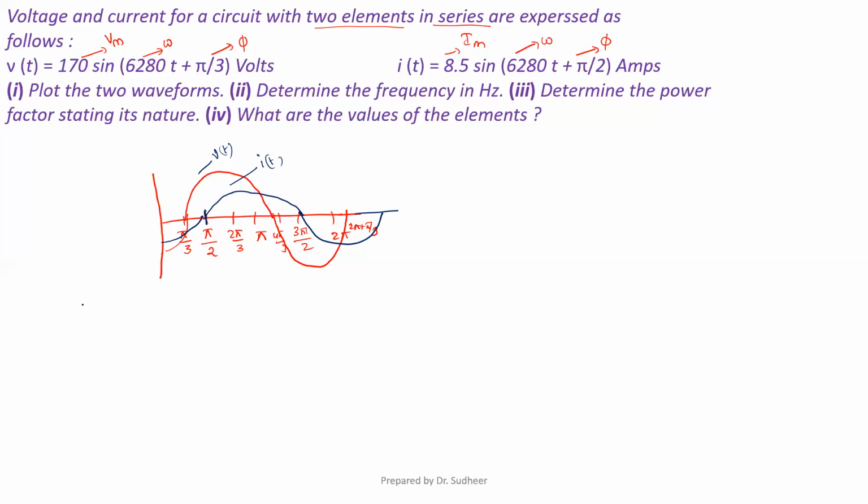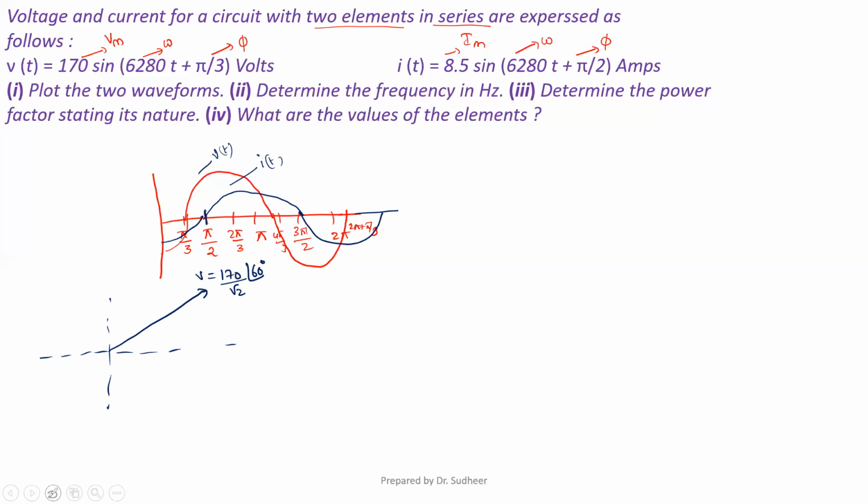He has not actually asked in the problem, but we can draw the phasor diagram of this one. Voltage is 170 at plus pi by 3, that means at 60 degrees, so V is equal to 170 at an angle of 60. If you are drawing for the RMS value, it is 170 by root 2 at an angle of 60 degrees, whereas current is 8.5 by root 2 at an angle of 90 degrees.